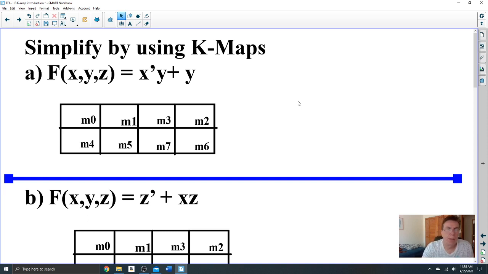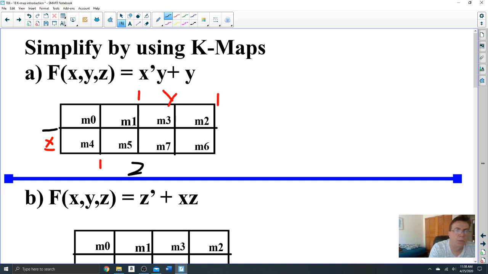Let's do it. The first thing you do is the variable fields. So we know that variable fields are as follows. This is variable field x, this is variable field y, and the middle two columns are variable z.